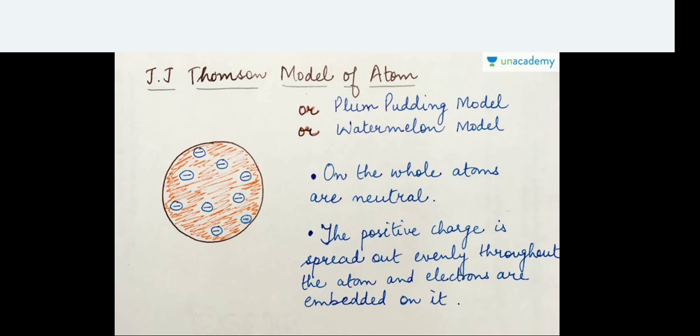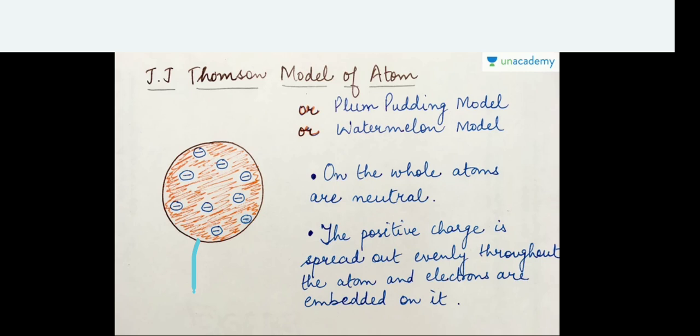So with the discovery of electrons, he proposed a model of an atom which is known as the J.J. Thomson model of an atom, or commonly also known as the plum pudding model or the watermelon model. Why this model is known as the plum pudding or the watermelon model is because, like in a watermelon, the seeds are embedded in the red part of the watermelon. J.J. Thomson said that an atom is electrically neutral, that we already know, and it also contains negatively charged particles, that is the electrons, which he discovered.